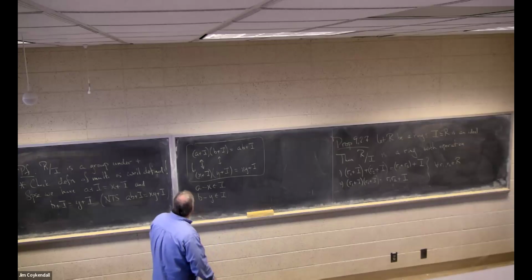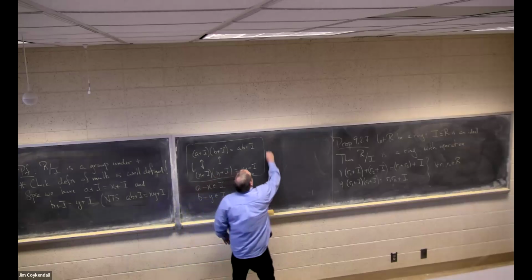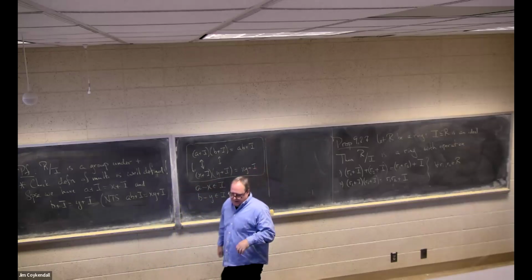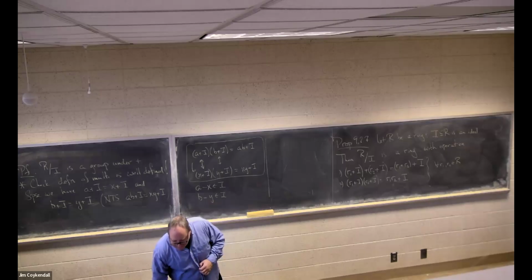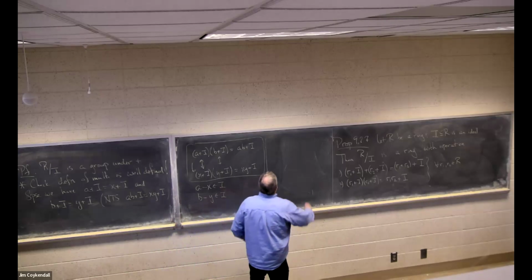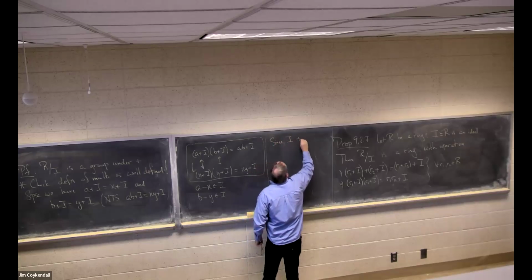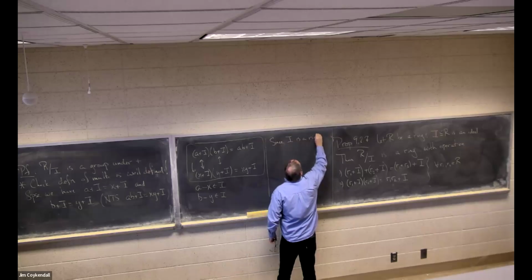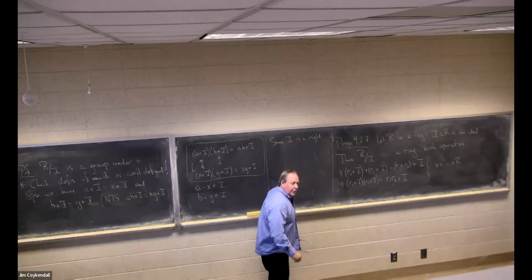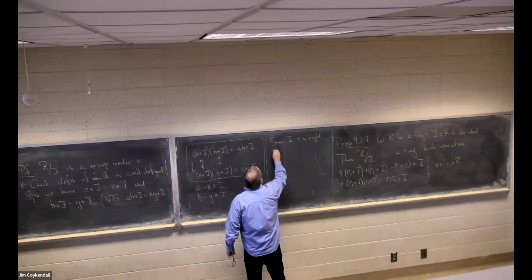So let me make the following. So we've got both of these things in I, right? Now, since I is a right ideal, so I'll put this for emphasis, I is in fact an ideal, so in particular it's a right ideal.